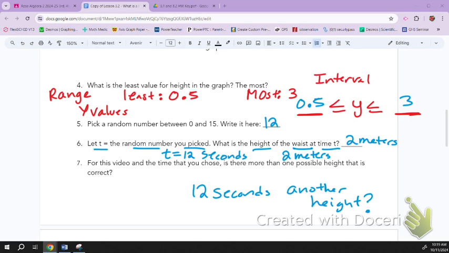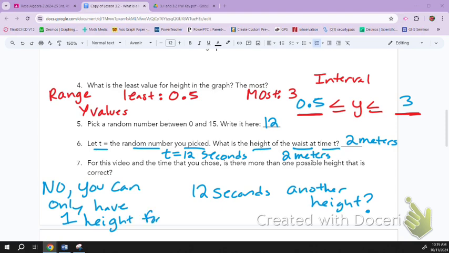Can a person be in 2 places at the same time? No. So let's write that down. No. You can only have one height for each time. What we're starting to get into is the definition of a function. What makes something a function? If you're ready, flip the page.